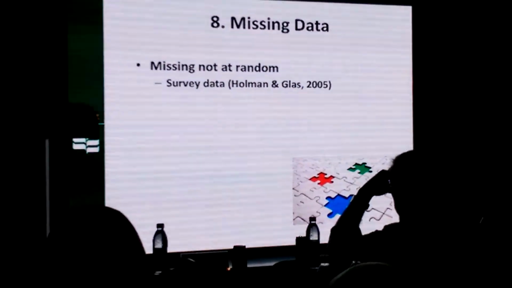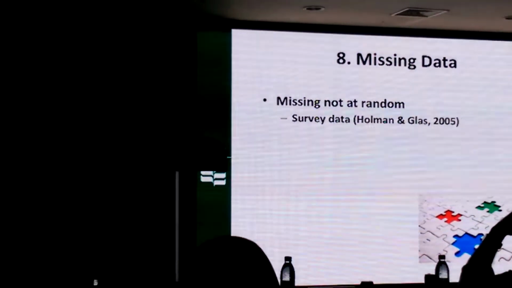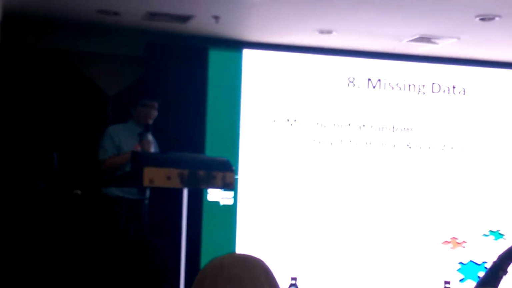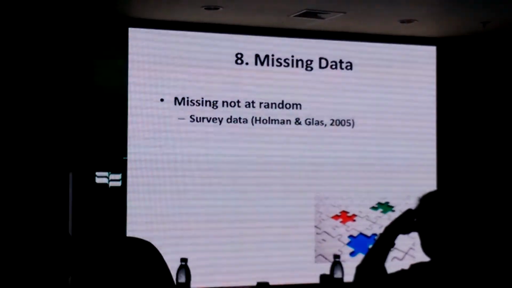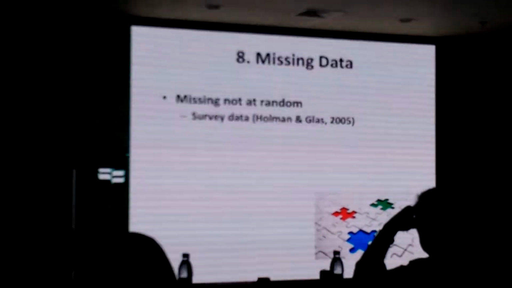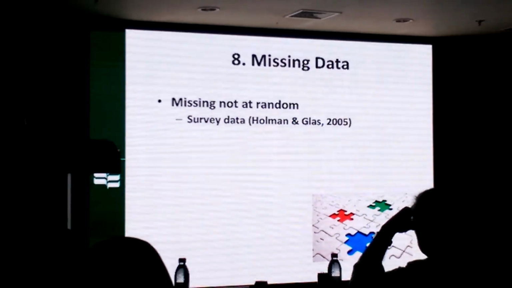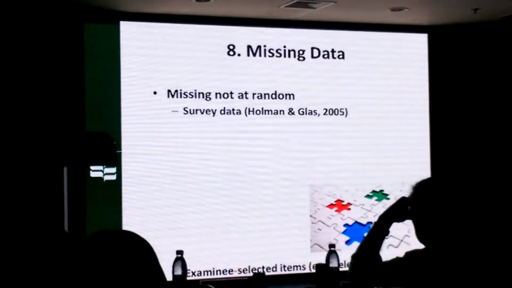Some items can be sensitive enough to cause missing data, right? So they are missing not at random. If this is the case, computer software that assumes missing at random will not be appropriate. So we need some new models to consider the data that are missing not at random.